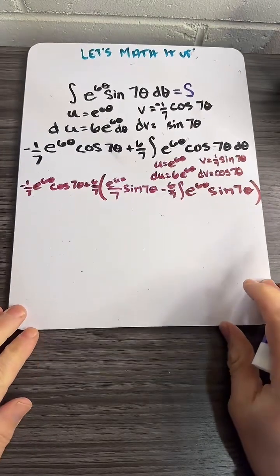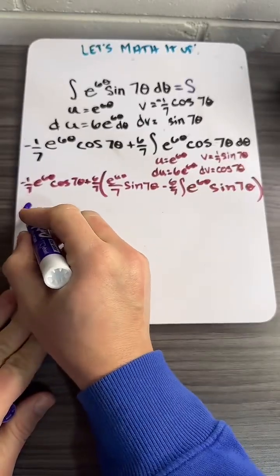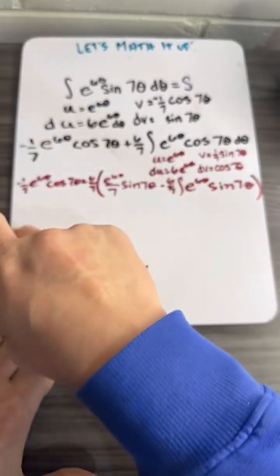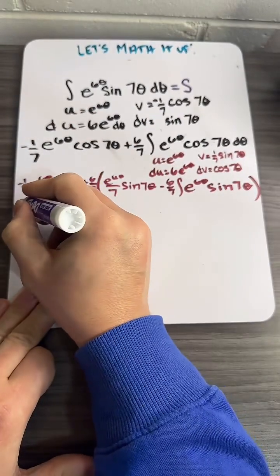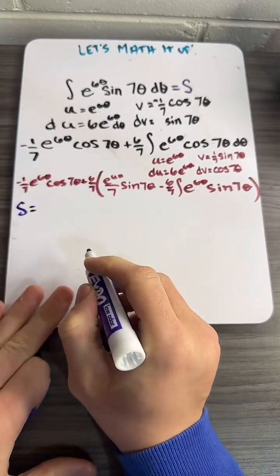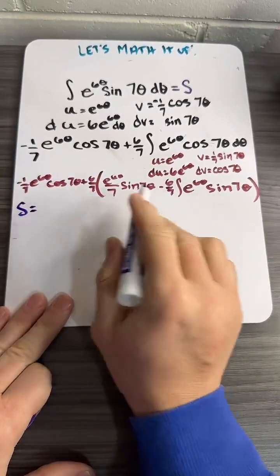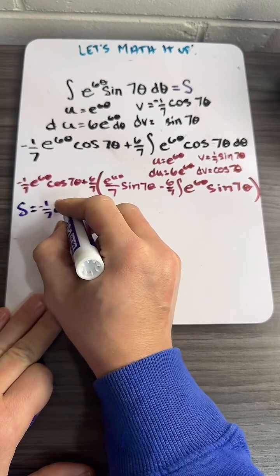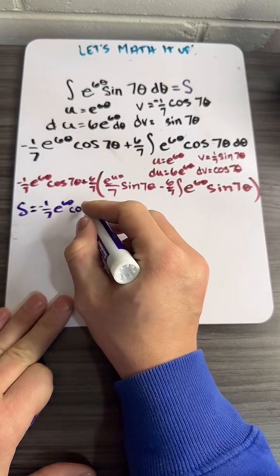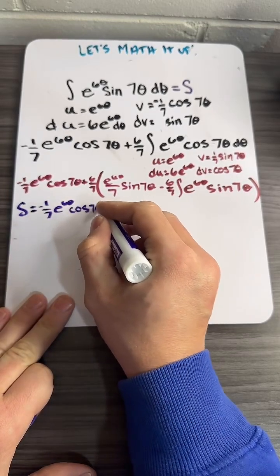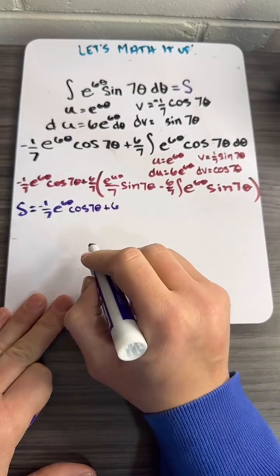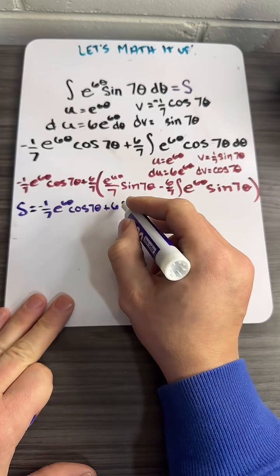So then what I can do is, on another whiteboard, which I have, s equals, I'm going to multiply this out. So negative 1/7 e to the 6th theta cosine 7 theta plus, I'm going to multiply that 6/7.